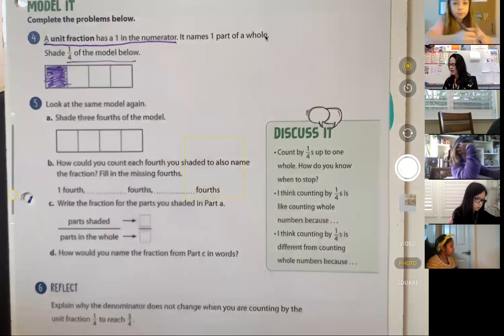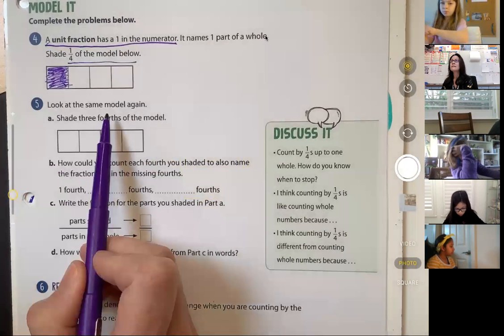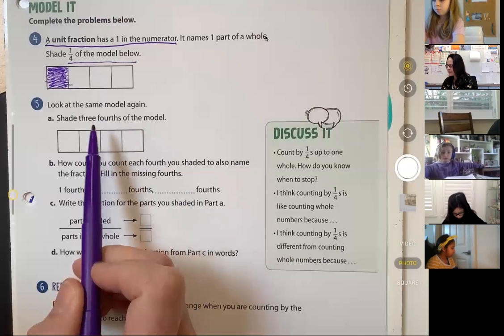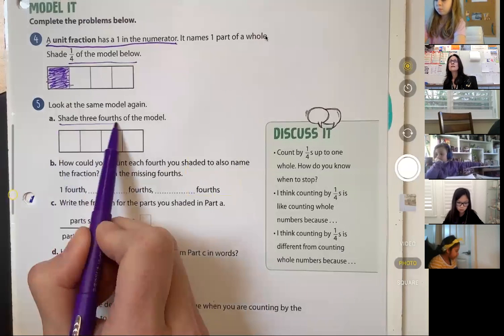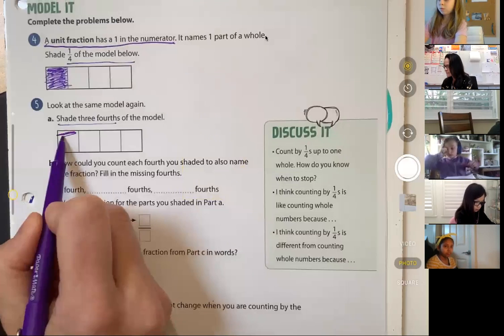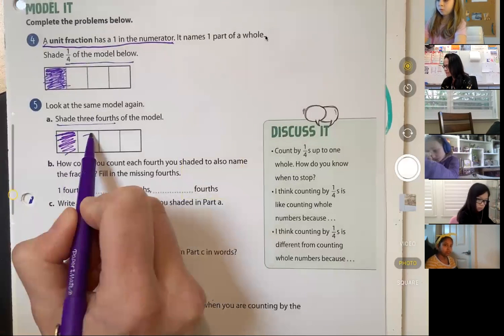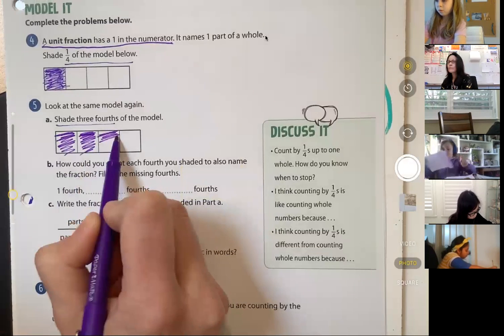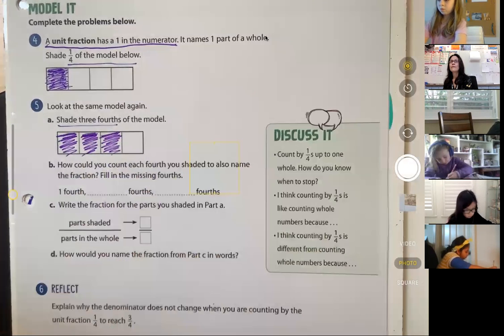And now it is saying on 5, look at the same model again. Now it's saying shade 3/4 of the model. So here's a 4th, and here's a 4th, and here's a 4th. 3/4.